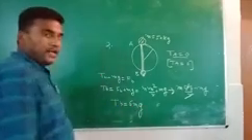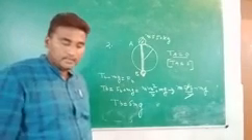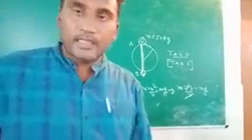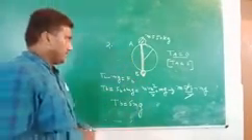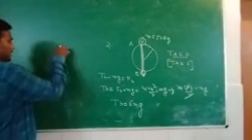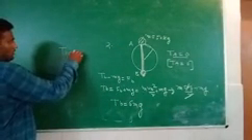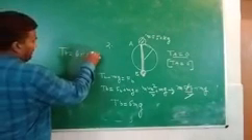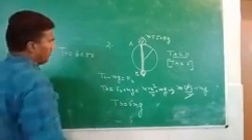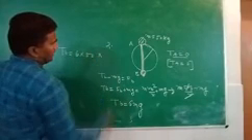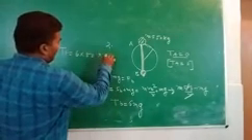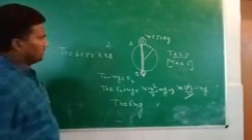We find the tension at the lowest point B in the given vertical circle: TB is equal to 6 into 50, and we put the value of g as 9.8 because the value of g is not given.